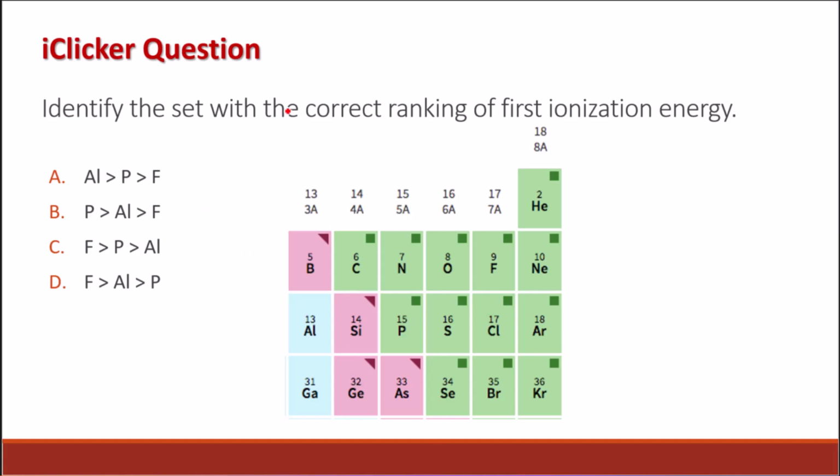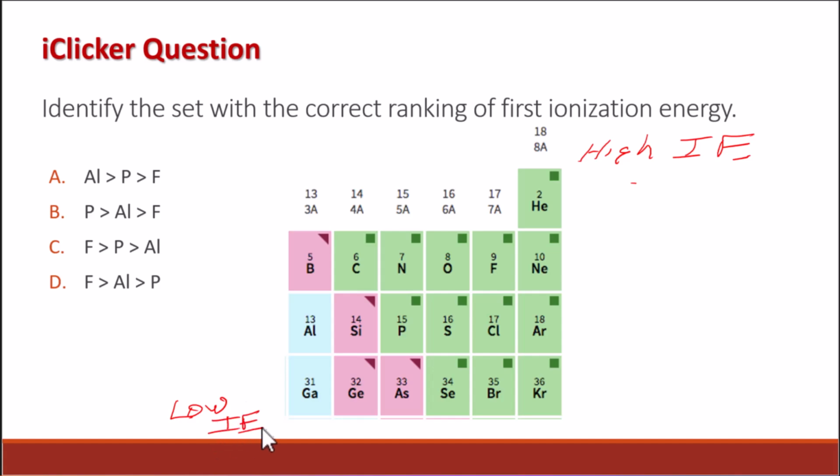So identify the set with the correct ranking of the first ionization energy. This is the kind of problem that you'll see on the exam. And all you have to remember with respect to ionization energy is that high ionization energy is over here, and low ionization energy is over here.